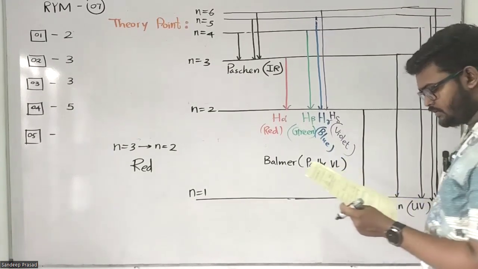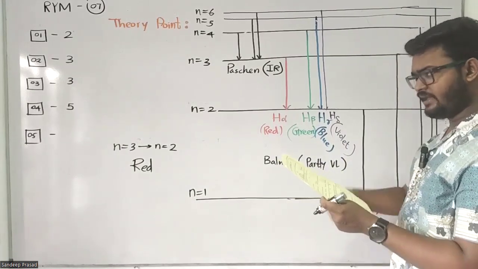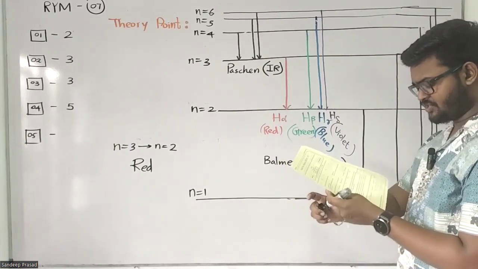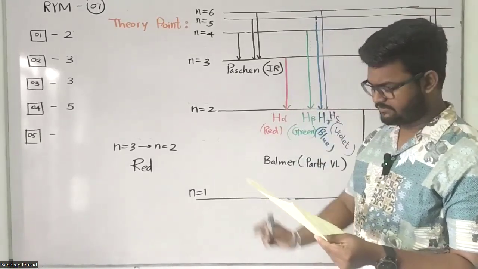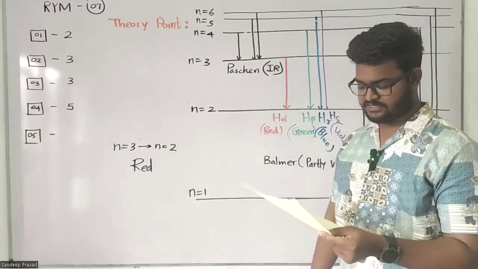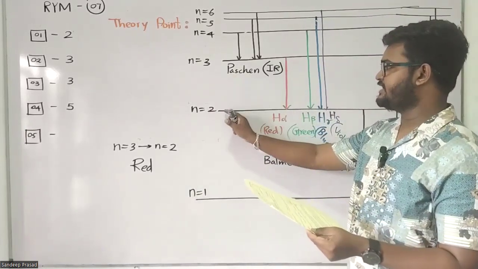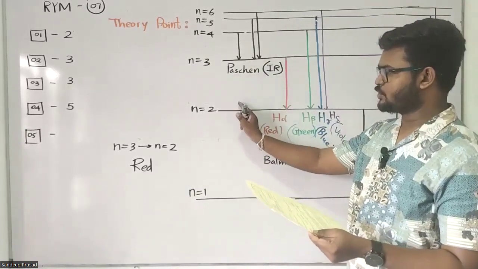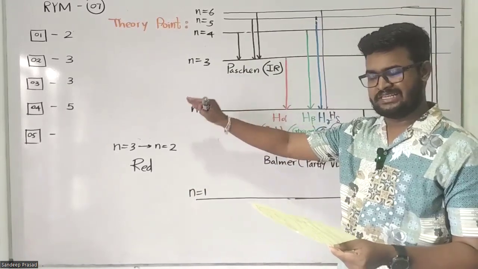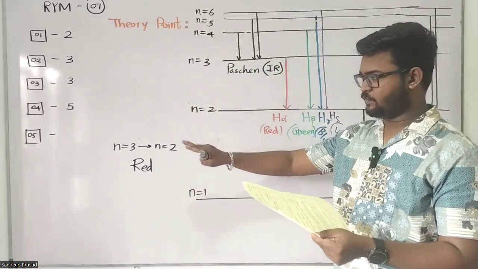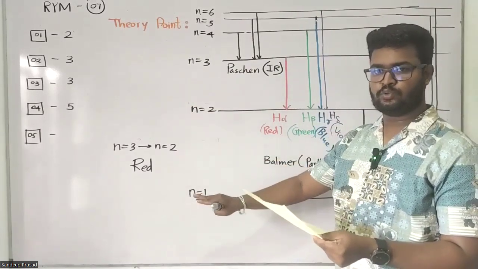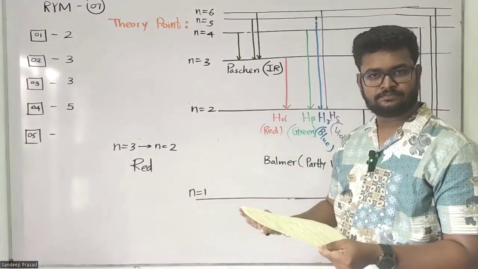Second one, 2 and 3. Again, they have given 1 and 3. Yeah, in this question, actually, we don't have the correct answers. Why? They have given two possible sets of answers, but we know that the red color is obtained when the electron is falling from the third principal energy level to the second principal energy level. So therefore, the energy gap between n equal 3 and n equal 2 only represents the red color.